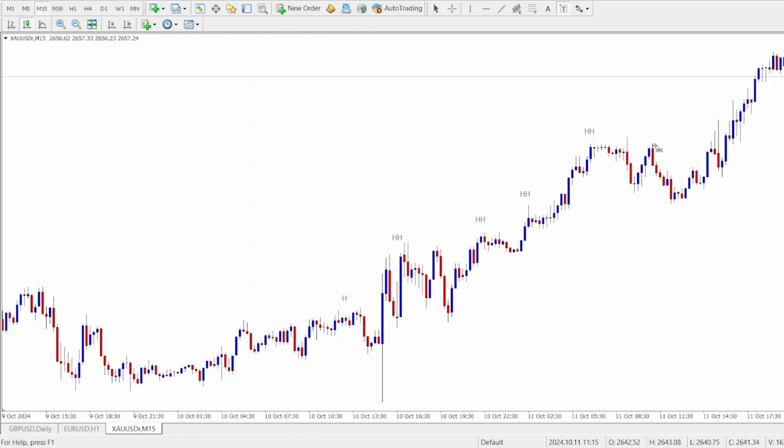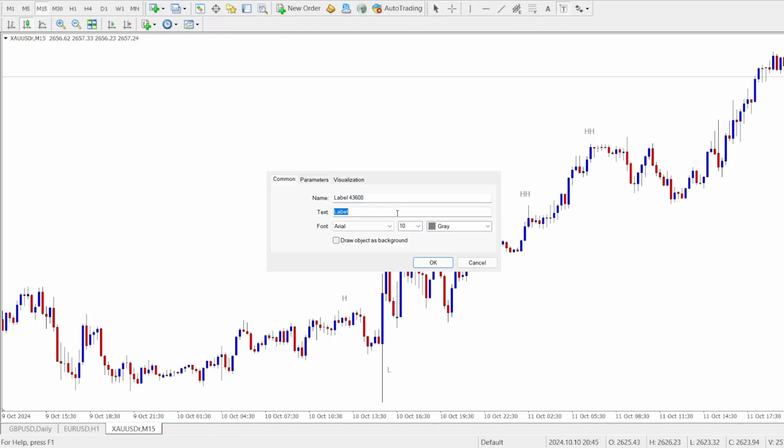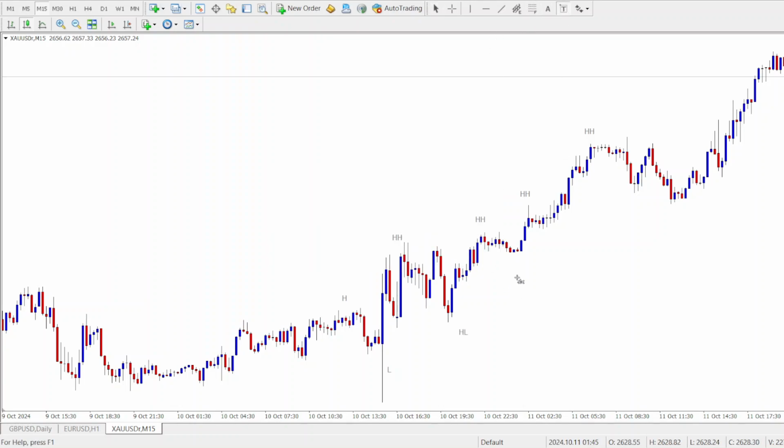So we can see that the structure was broken around here because we had a lower high. Then now this is our first low. Let's just use this as our first low for this example. And then we have a higher low.